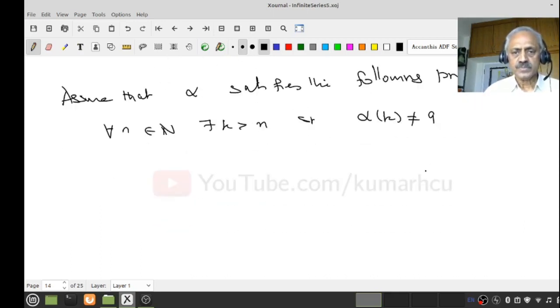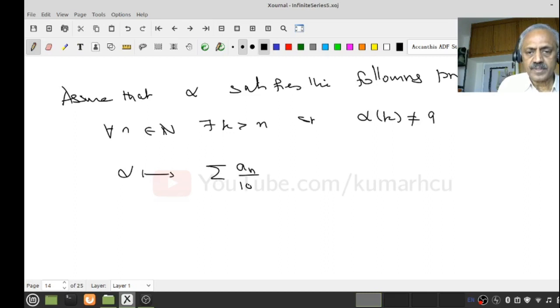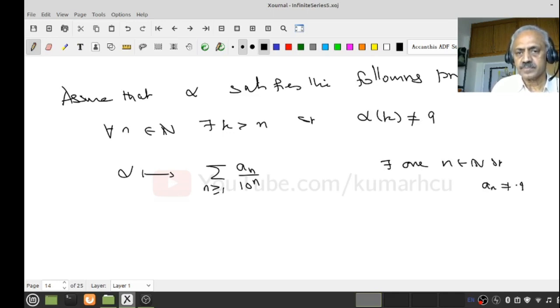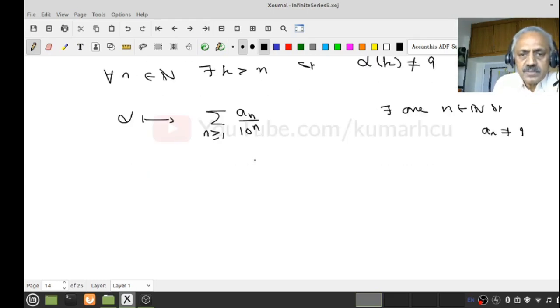Therefore alpha is the summation of a_n by 10 to the power n, n greater than or equal to 1. There exists at least one n such that a_n is not equal to 9, right? Very good. Then I claim this has to be less than 1.